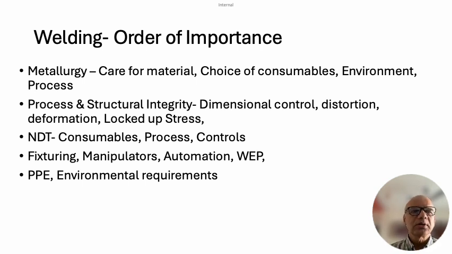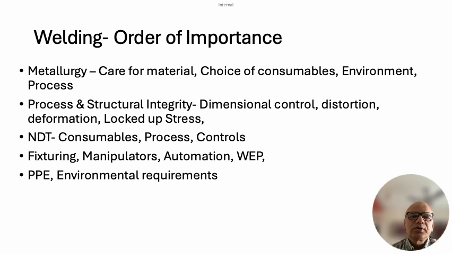So the first, I think 50 to 60% of this is required to understand the metallurgy. Unless and until you understand metallurgy, you will not be able to decide on the processes, you will not be able to decide on what kind of structural integrity, dimensional control, distortion control, how difficult or easy it is, what kind of fixturing, purging requirements, trailing shield requirements, or process requirements are going to flow down.